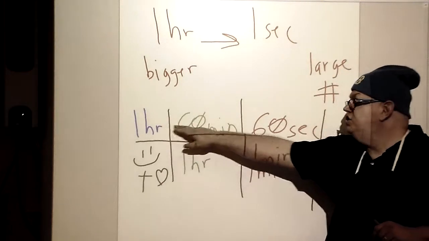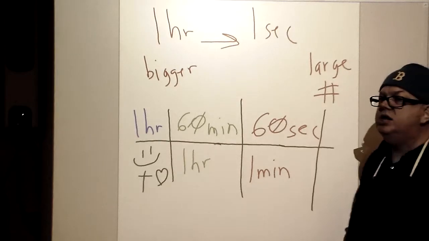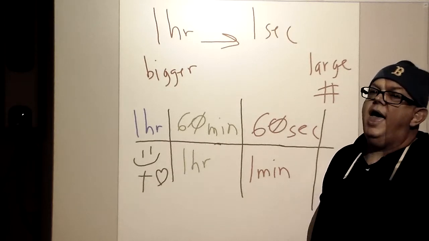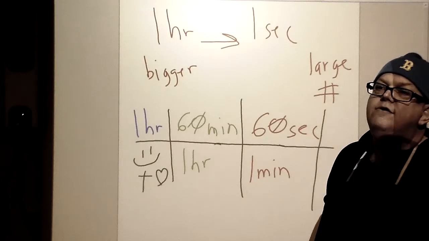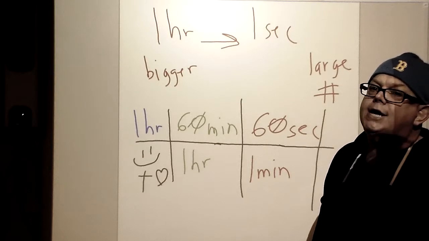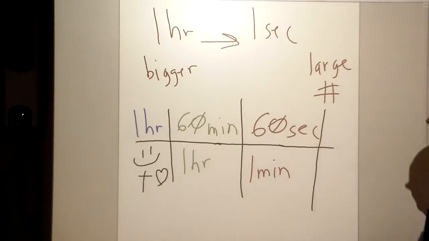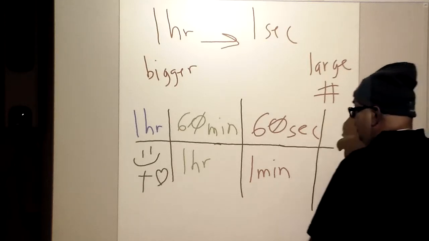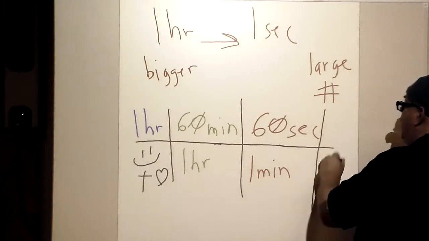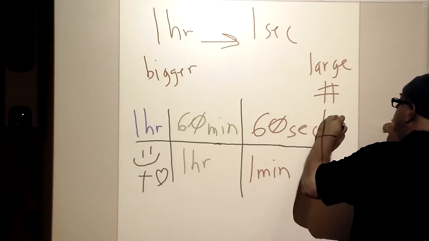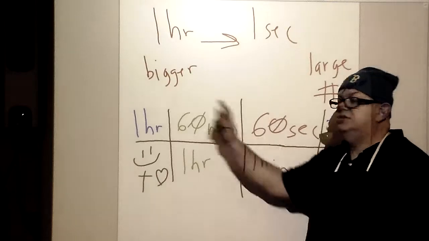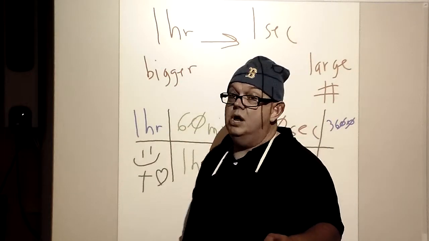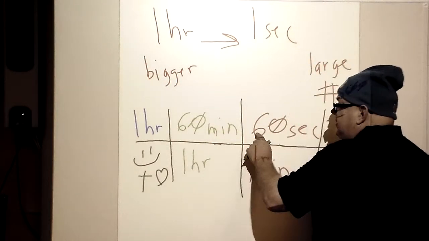We multiply straight across, just like you do in algebra and fractions. Right. Like that. So what am I going to have? Well, I'm going to have 3,600, okay? Because that's 60 times 1. That's 3,600. 6 times 6 is 36.